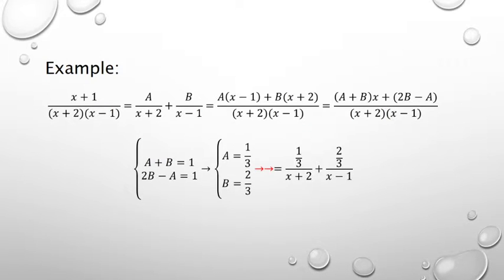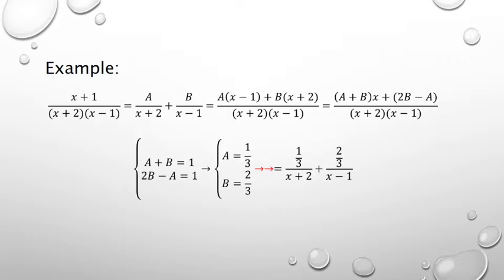Let's do an example. In this example, we choose a problem which is x plus 1 over x plus 2 times x minus 1. Then we divide them into a over x plus 2 plus b over x minus 1, in which a times x minus 1 plus b times x plus 2 equals x plus 1.